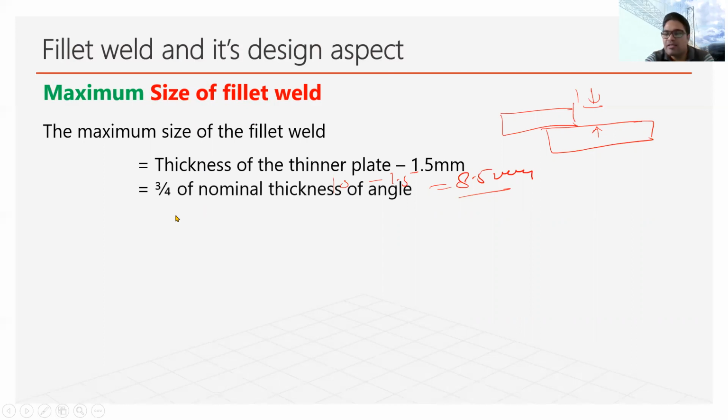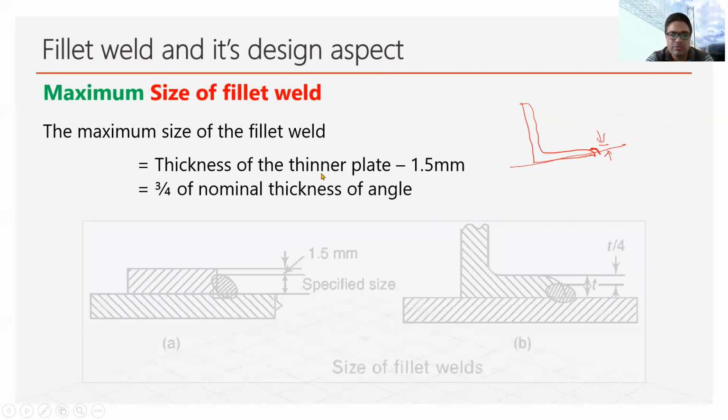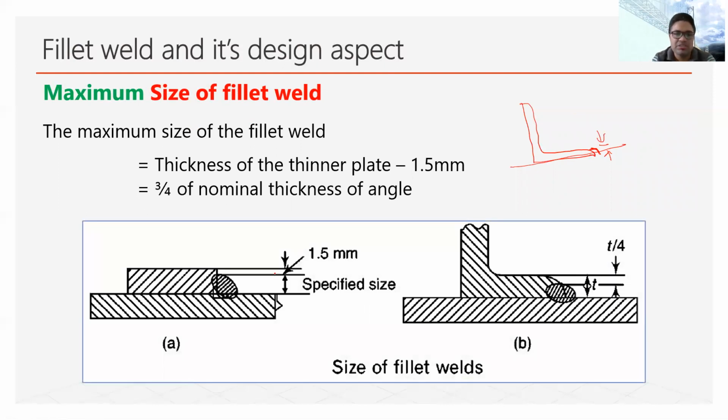And in case of angles, if we have to join angles, angles look like this. So if, for example, we have to join this angle, and this is the fillet weld, then what will be the maximum size? I will show you using this diagram.